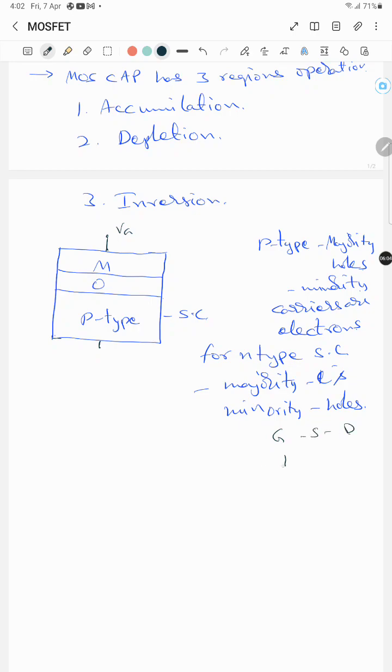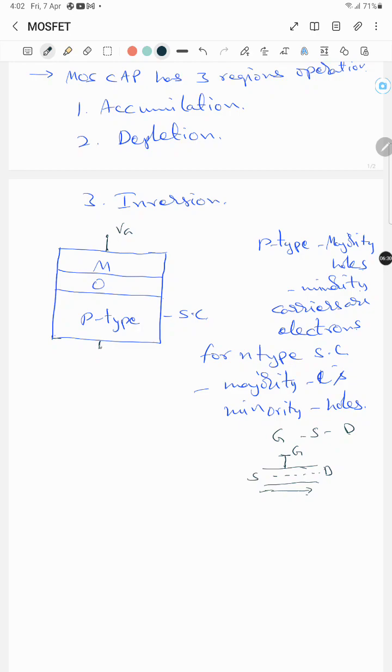It's like a pipe where the flow starts from the source and ends towards the drain. The control is by the gate. Based on this control, the rate of flow between source and drain is controlled. This is the operation of MOSFET.